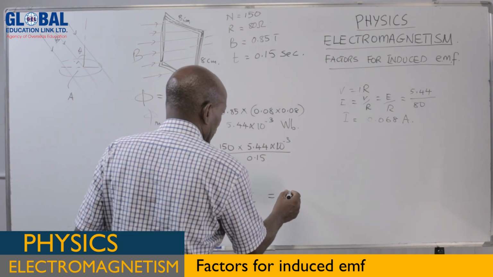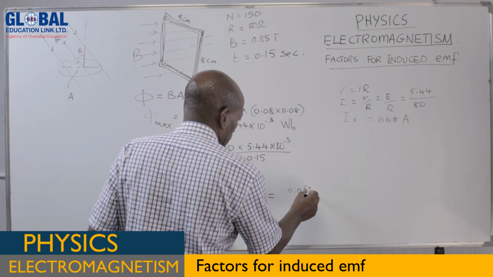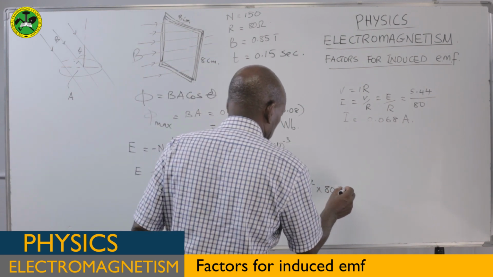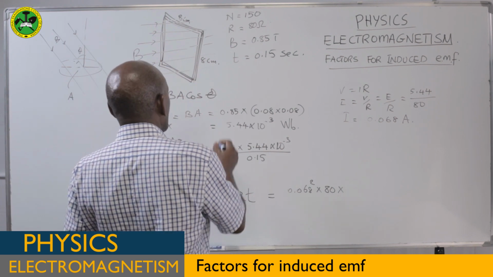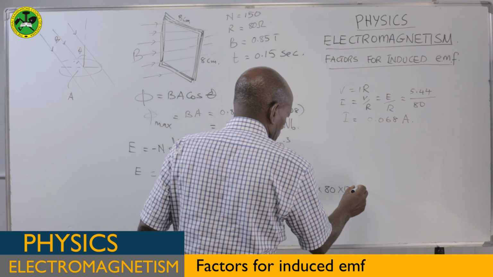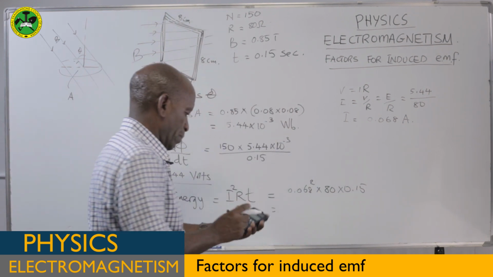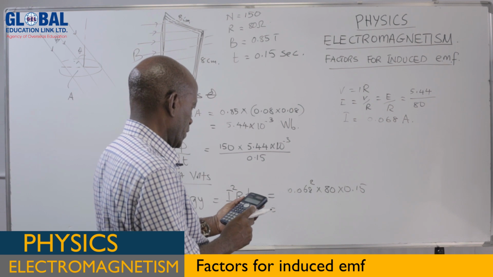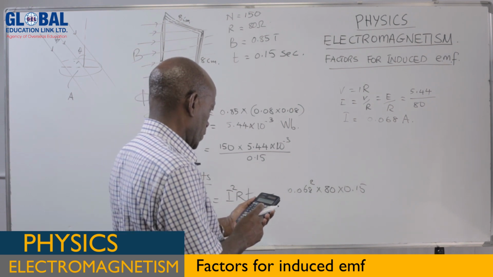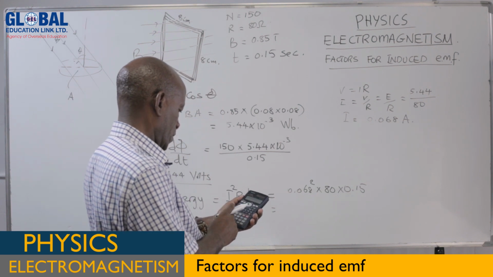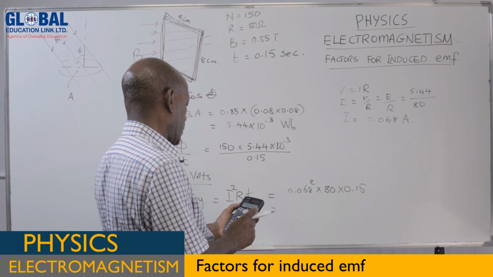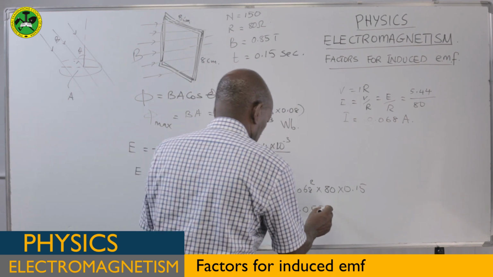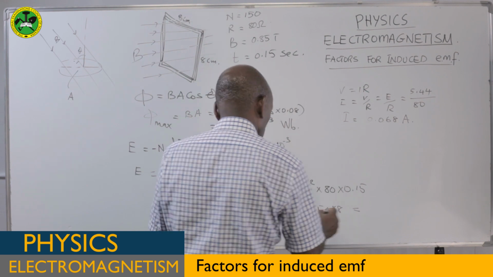So we substitute the current 0.068, square it, times the resistance 80 ohms, times the time 0.15. If you multiply, you get 0.055488.